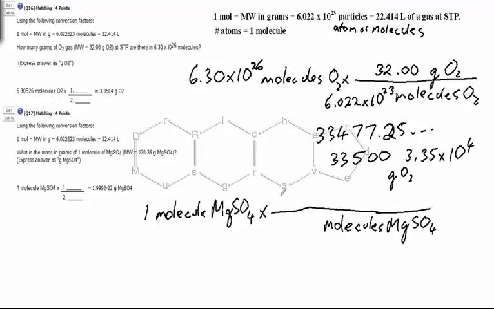And on top we're going to have grams because we want to find out the mass. So it would be grams of MgSO4. So we need a relationship now between grams of MgSO4 and molecules of MgSO4.